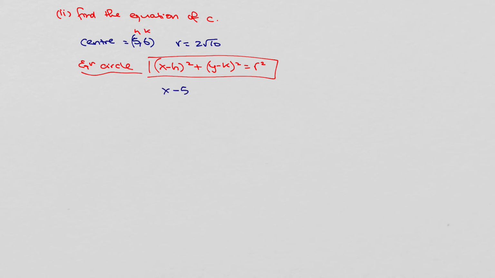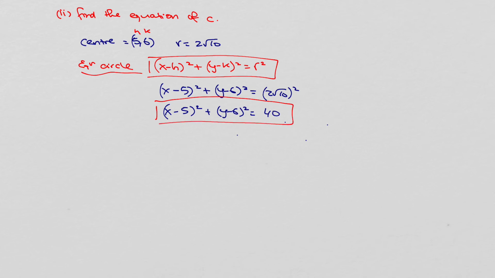So we have x minus 5 squared plus y minus 6 squared equals 2 root 10 squared. So we have x minus 5 squared plus y minus 6 squared is equal to 40. So again, we don't have to square that out unless we're asked to, but if you squared it out, you'd end up with x squared plus y squared minus 10x minus 12y plus 21 equals 0.